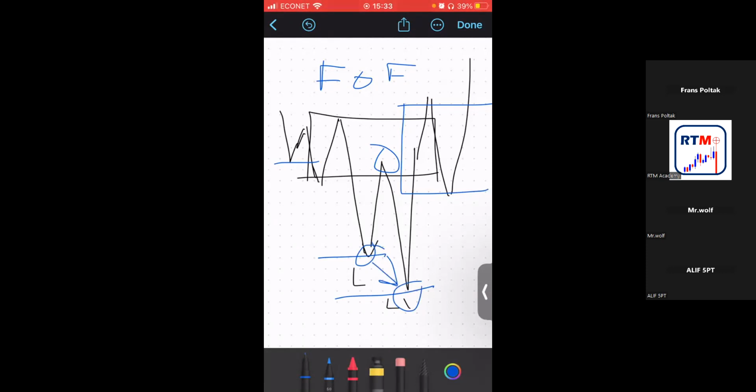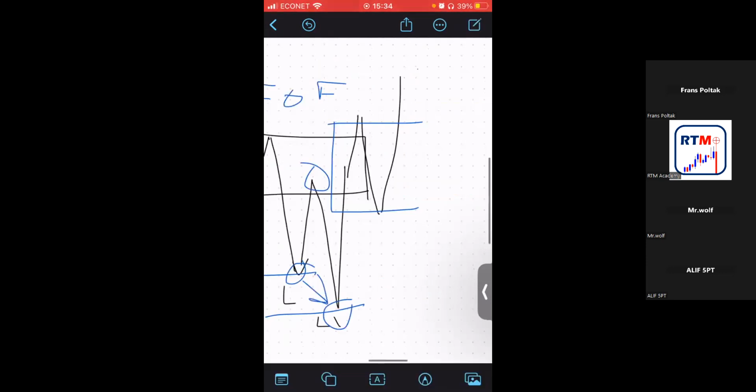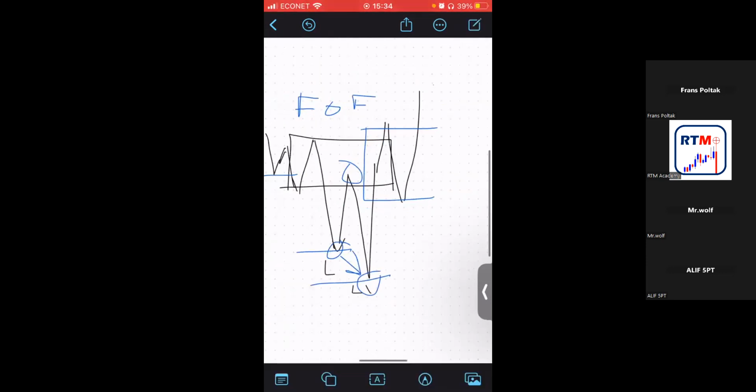So if price doesn't give me this scenario, we can say it's a free order, but the strength of the orders are very small, right? So remember what I said in the previous when I was looking at the Nasdaq, I say that price always has to hit its target, right?